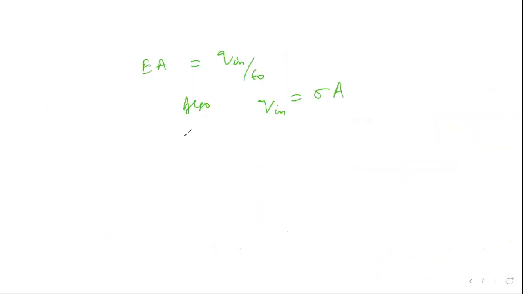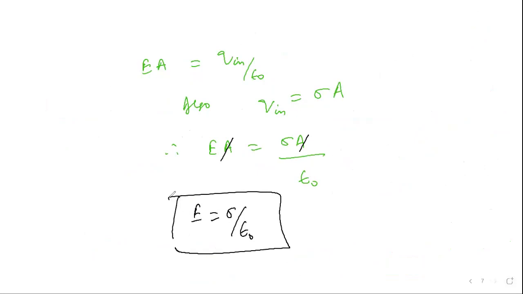Therefore, EA is sigma A by epsilon naught. Now this A is going to cancel out. So what I get, E is sigma by epsilon naught. This is my result.